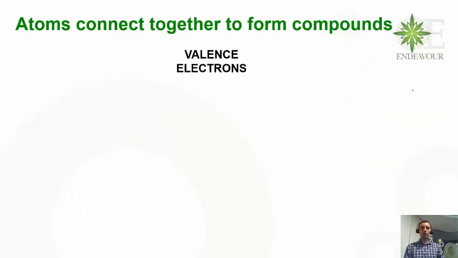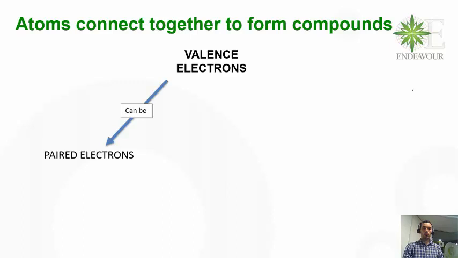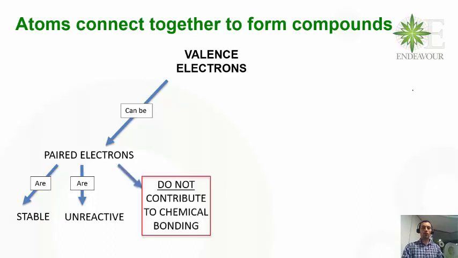So a little bit more detail now about how this actually works. We've got our valence electrons, and as we saw in that previous representation, they could be paired. If the electrons are paired, they're not going to be part of covalent bonding, because they're already stable and therefore unreactive. So we can say that they don't contribute to chemical bonding.